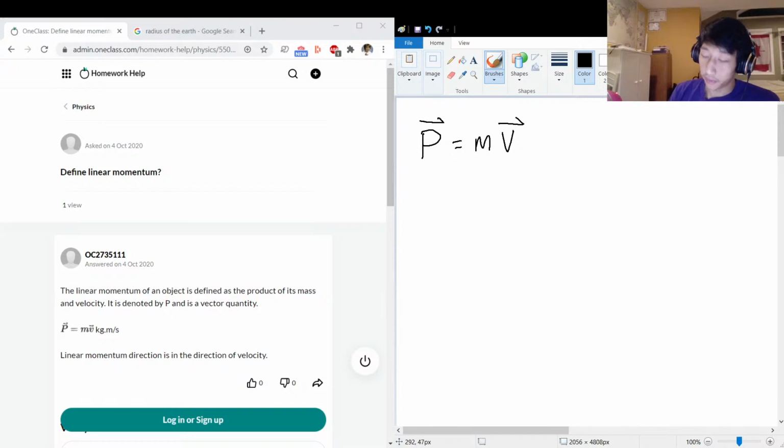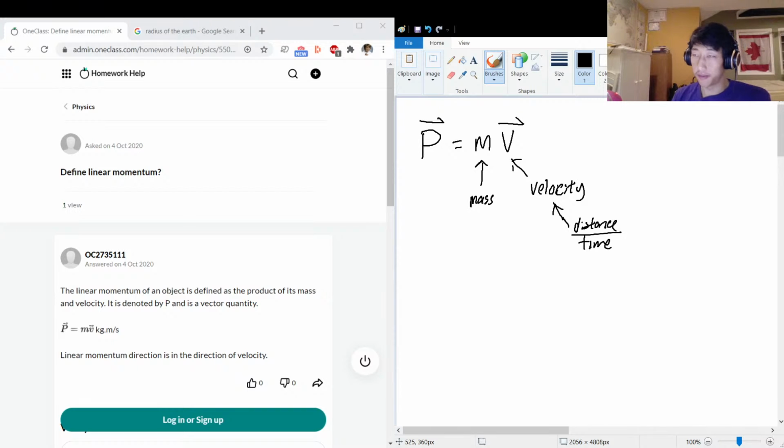Now the unit for this: m is mass, and v is velocity. And velocity is distance divided by time. So the momentum is always in the same direction as the velocity. You can see the momentum as a scaled version of the velocity, but the scaling also includes another unit that changes the properties.